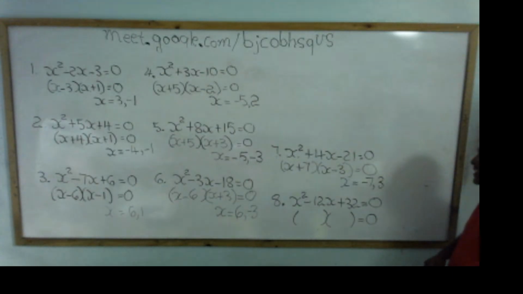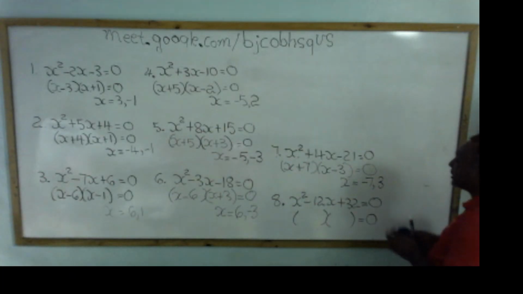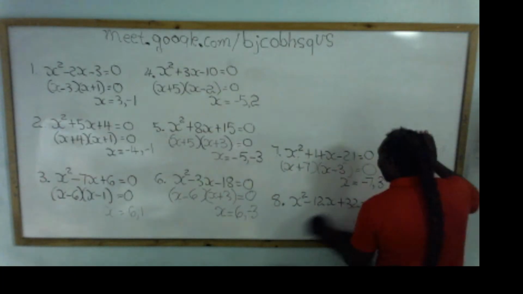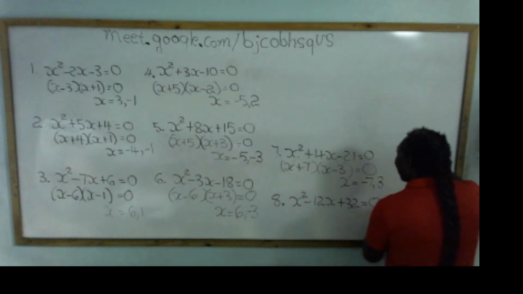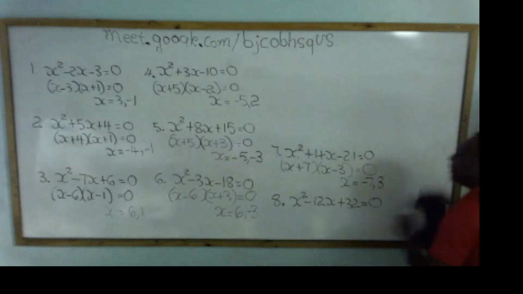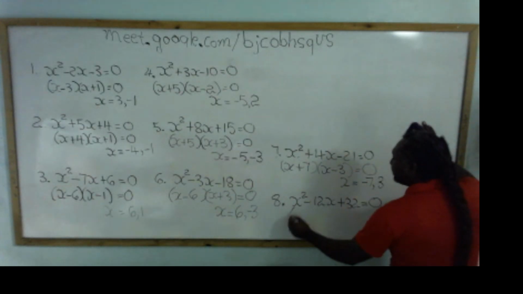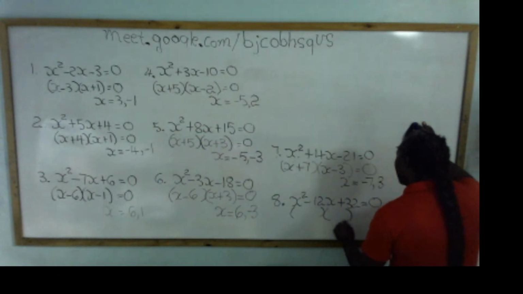A product of positive 32 and a sum of negative 12.